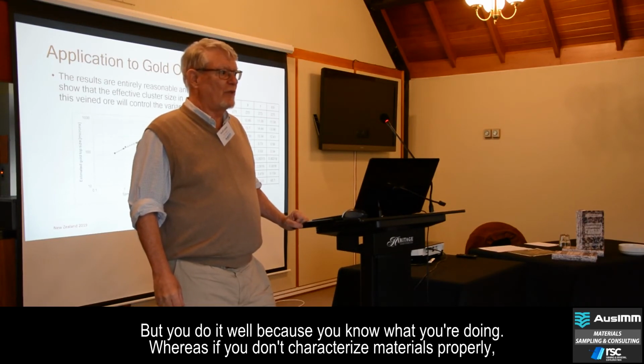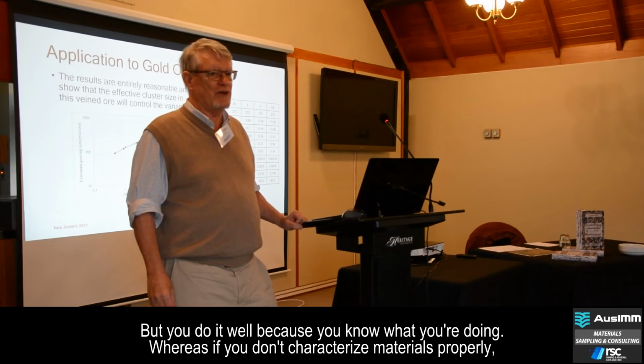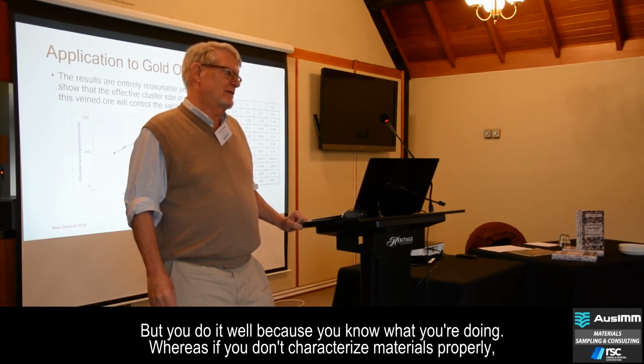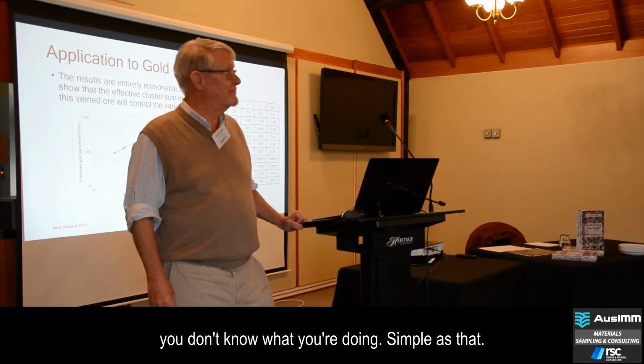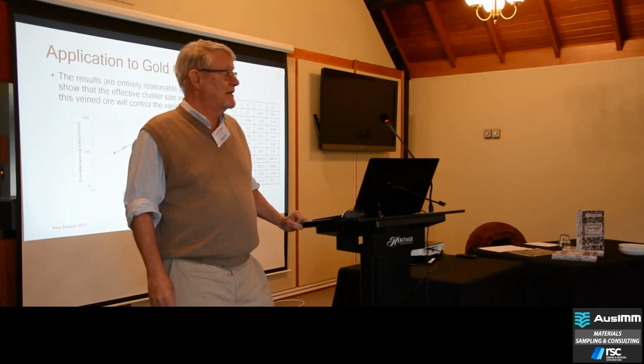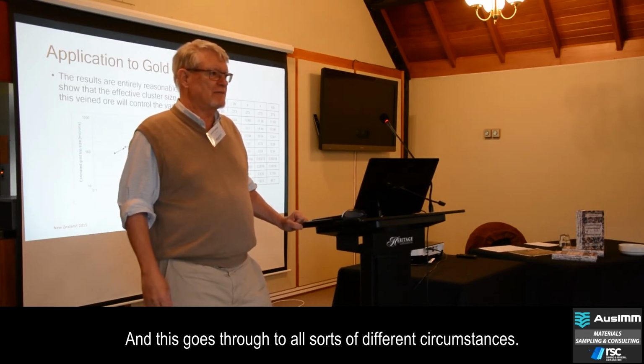But you do it well because you know what you're doing. Whereas if you don't characterize materials properly, you don't know what you're doing. Simple as that. And this goes through to all sorts of different circumstances.